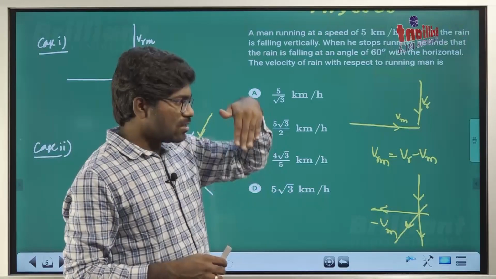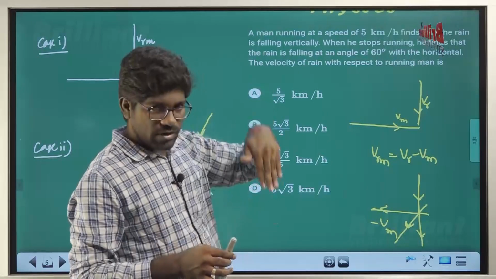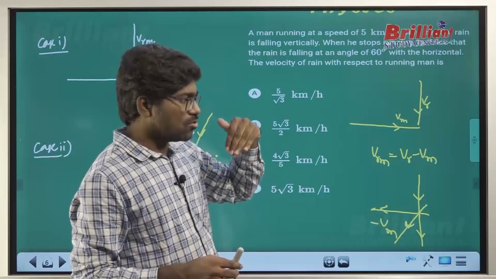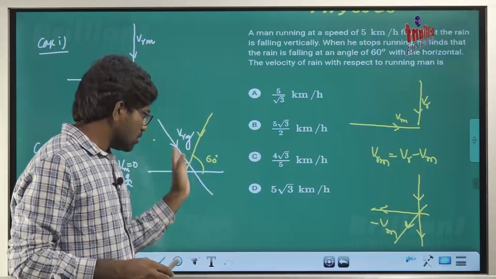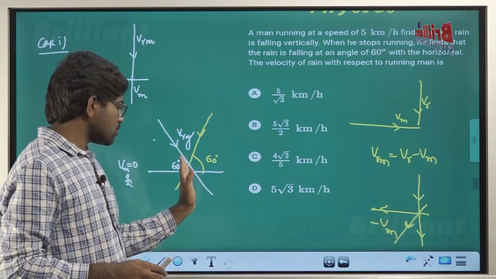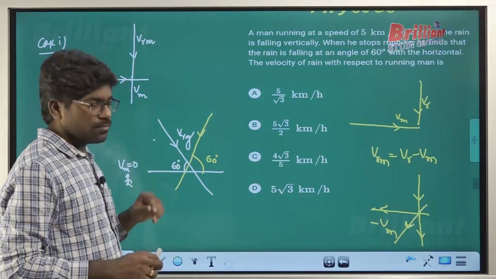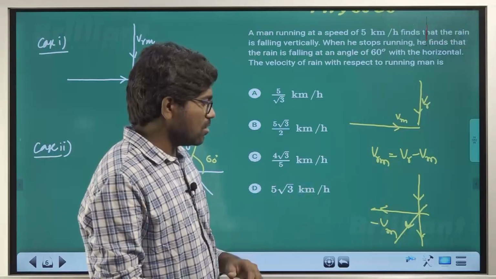So when the man is running, the rain is falling vertically downwards, as given here. The meaning is it should already be tilted in this manner, and then it will come to this side. That's a vector concept you need to understand.